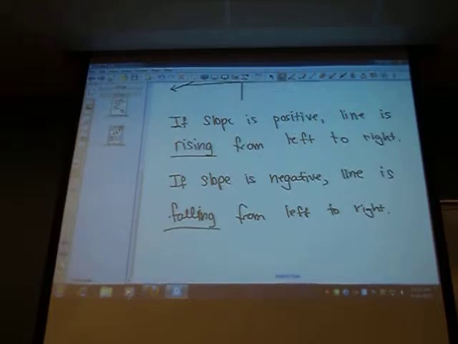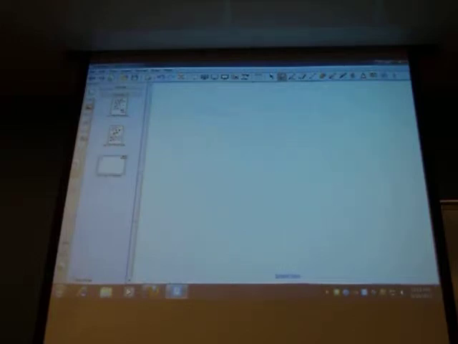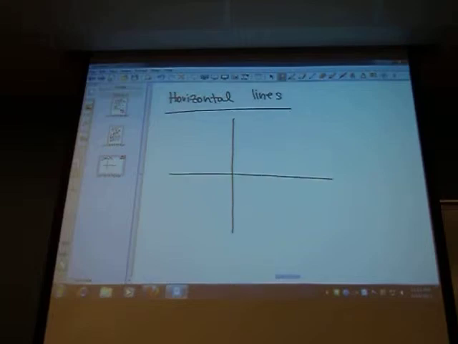Now let's talk about two other possibilities. We talked about lines that are rising and lines that are falling. We want to talk about horizontal and vertical lines. Now let's look at a horizontal line and see if we can figure out what is going on with it.